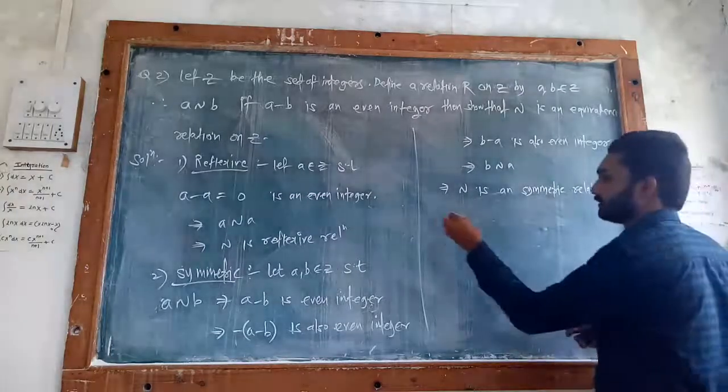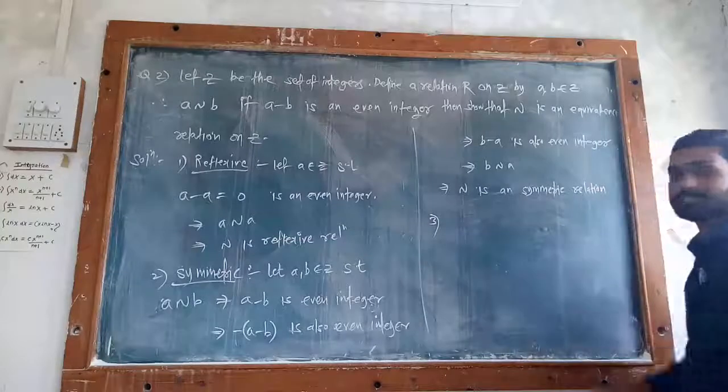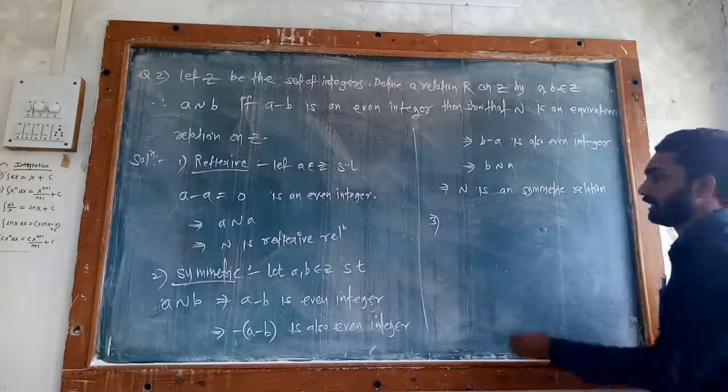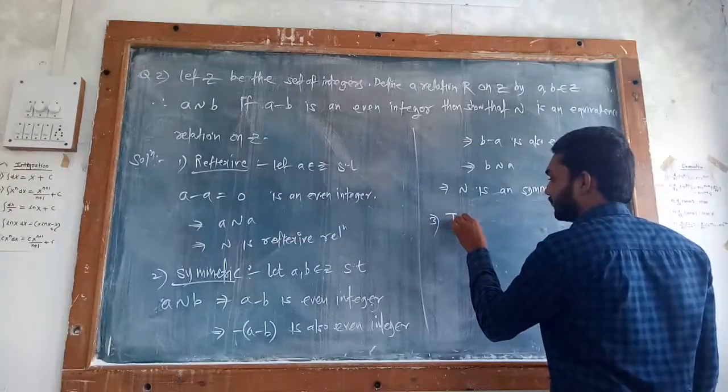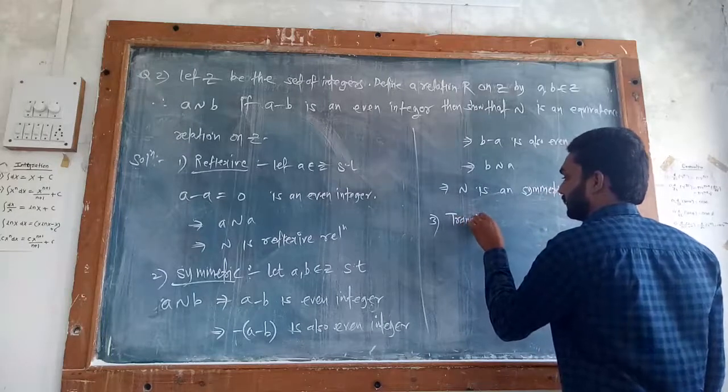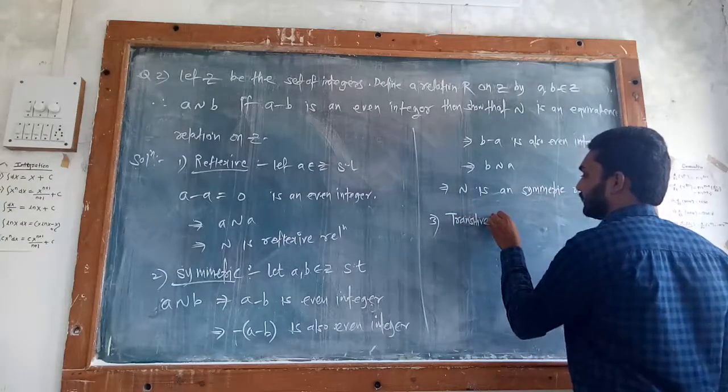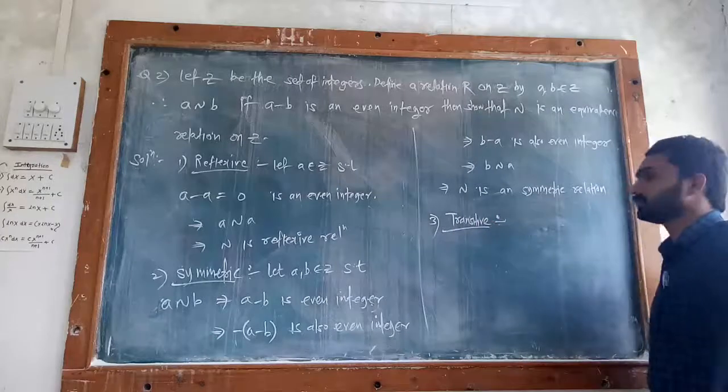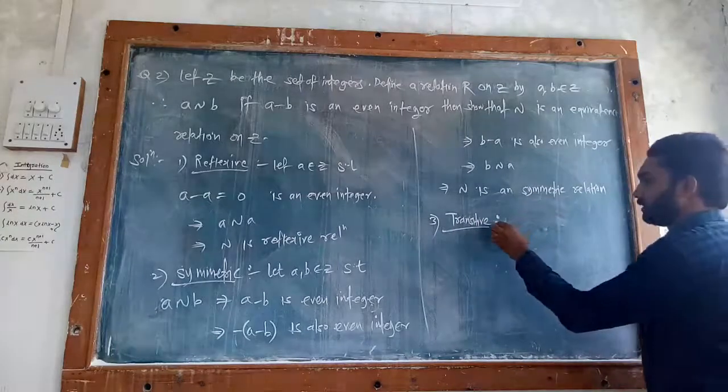What is the last, third one? You have to check that this equivalence is a transitive relation, right? The third property is the transitive relation.